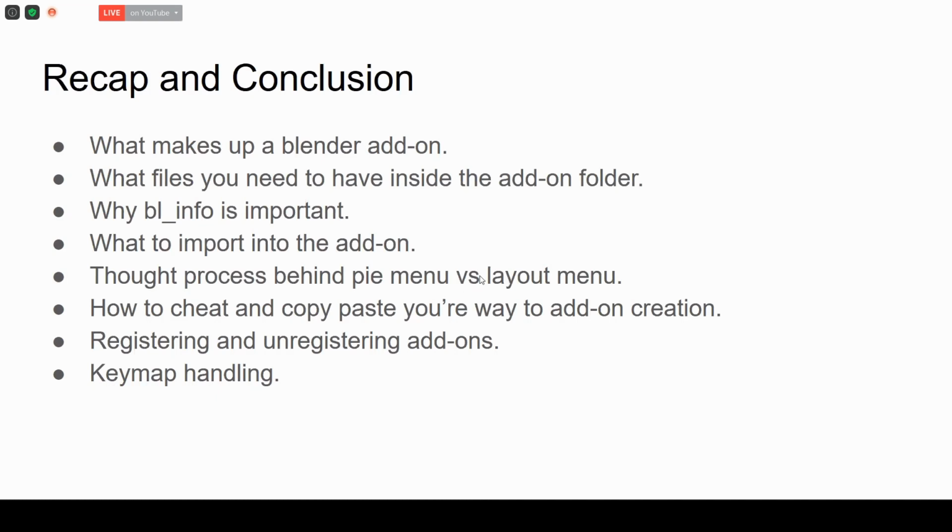The thought process behind pie menu versus layout, I think I skipped that bit, but when making FS Tools, I needed to decide, does it need to be a layout menu or a pie menu? I thought, well, pie menus only have about 8 options, but layout menus have 10 or more items you can add. And how to cheat and copy and paste your way, registering and unregistering, and key map handling as well.